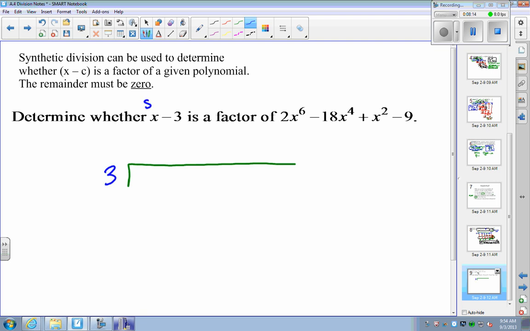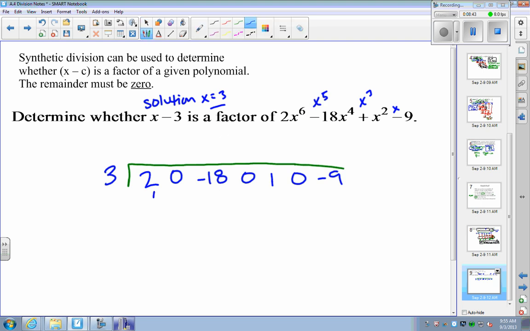If you have an x minus 3, that means your solution is positive 3, so that's what we're going to use. Now, notice there's no x to the 5th term, there's no x cubed term, and there's no x term, so we need zeros. 2, 0, negative 18, 0, 1, 0, negative 9.